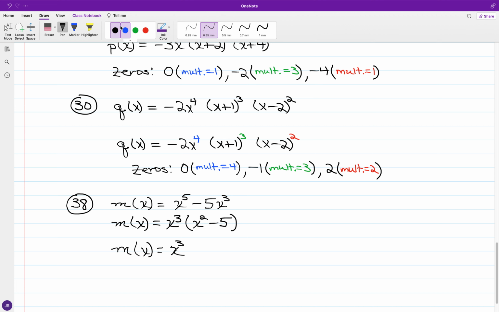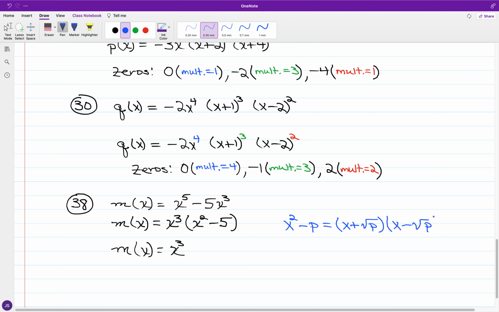Now for x squared minus 5, think along these lines. You have like x squared minus p. Not the square root property of equality, but where you can factor it. You have a difference of squares, like x squared minus p is going to be x plus the square root of p times x minus the square root of p.